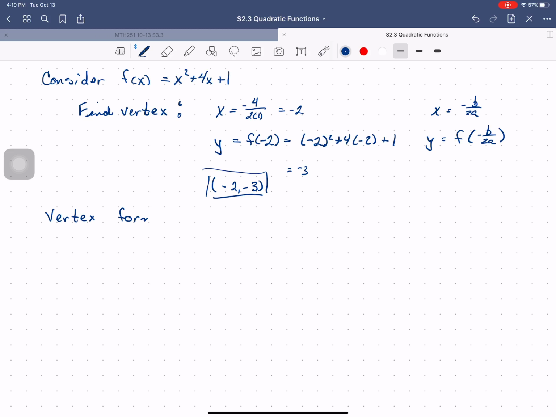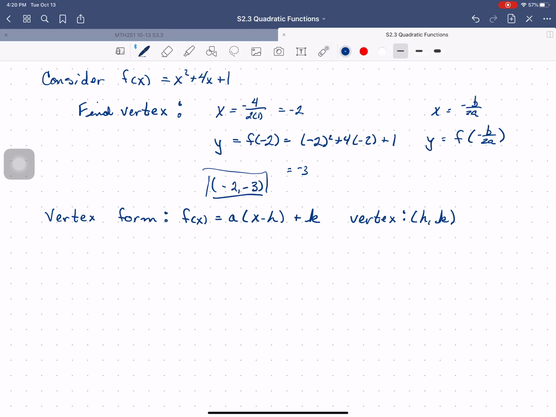And the vertex form looks like this. It looks like f of x is equal to a times (x minus h) squared plus k. And if you have your quadratic function in this form, then the vertex is at the coordinates h, k.